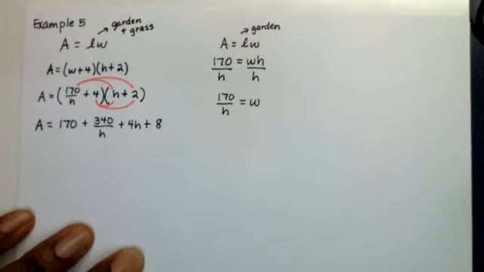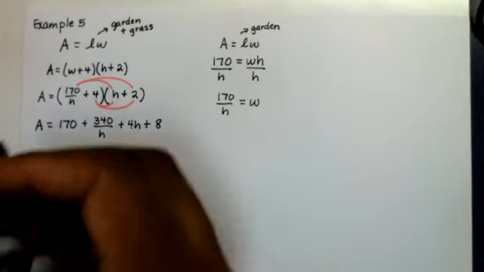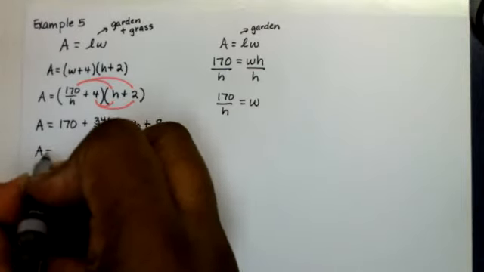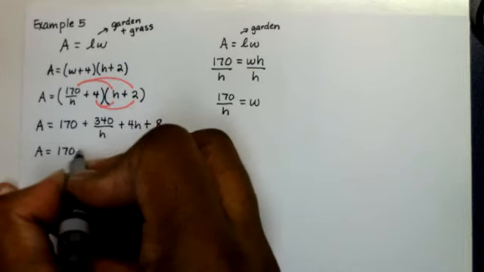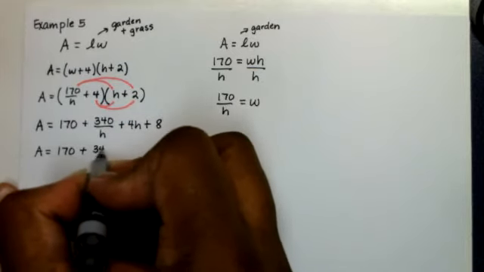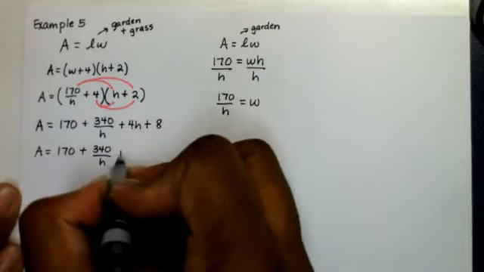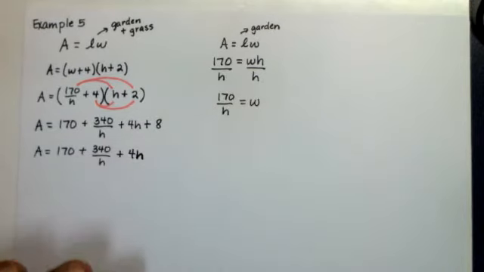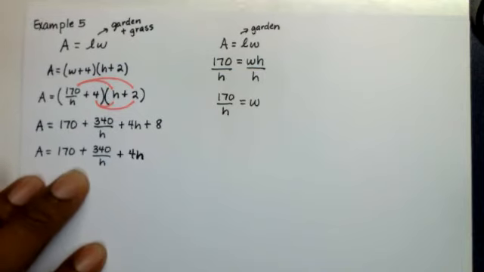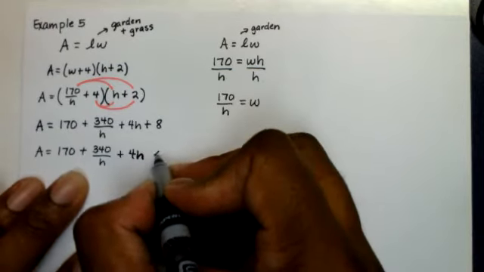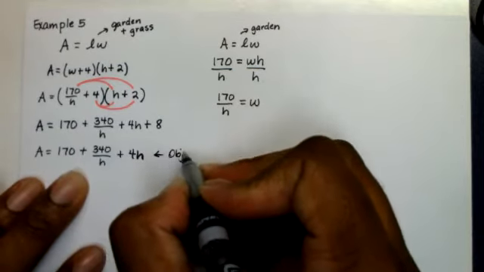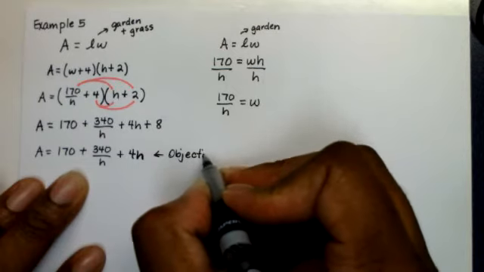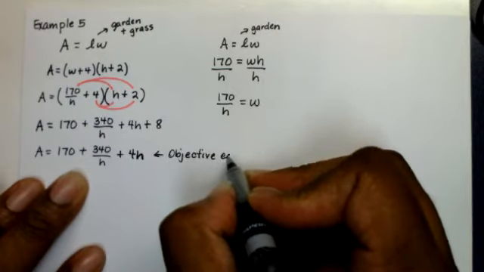All right. Now, if I combine like terms, 170 plus 8 is 178. So I have 178 plus 340 over H plus 4H. So this right here is your objective equation for this situation.